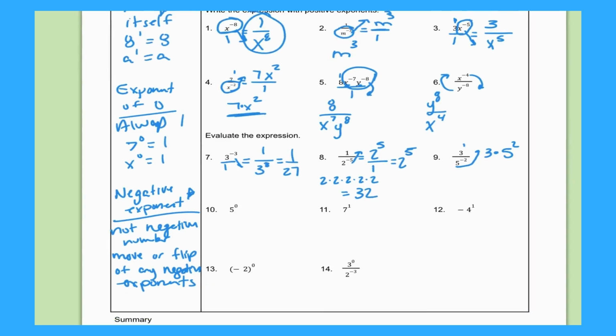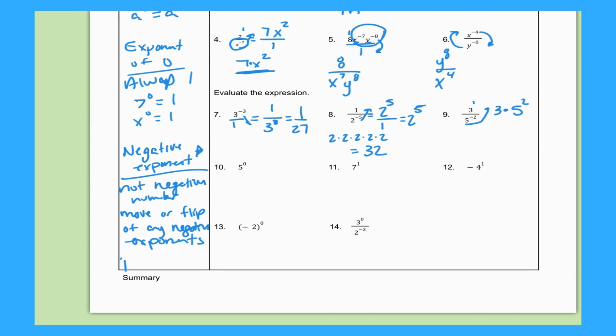And I'm going to add another note off to the side over here. Order of operations. Something that we don't really talk about a lot anymore, but we can't forget. Order of operations says that we need to do exponents before we can do multiplying. So then on number 9, I would have to do that 5 to the second power, or 5 squared first. 5 squared is 25.